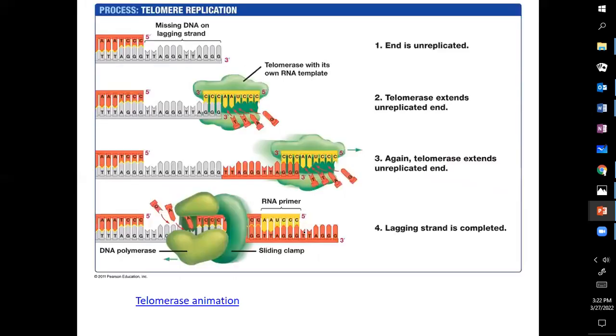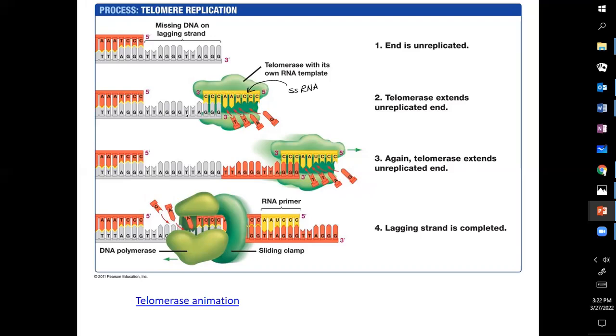And this is going to serve as the template to create that TTAGGG. So let's look at the image again. So here, this green looking blob is the protein polypeptide component with the polymerase activity. But look at, as part of the telomerase enzyme is this single-stranded RNA template, which is complementary to this repetitive TTAGGG sequence.